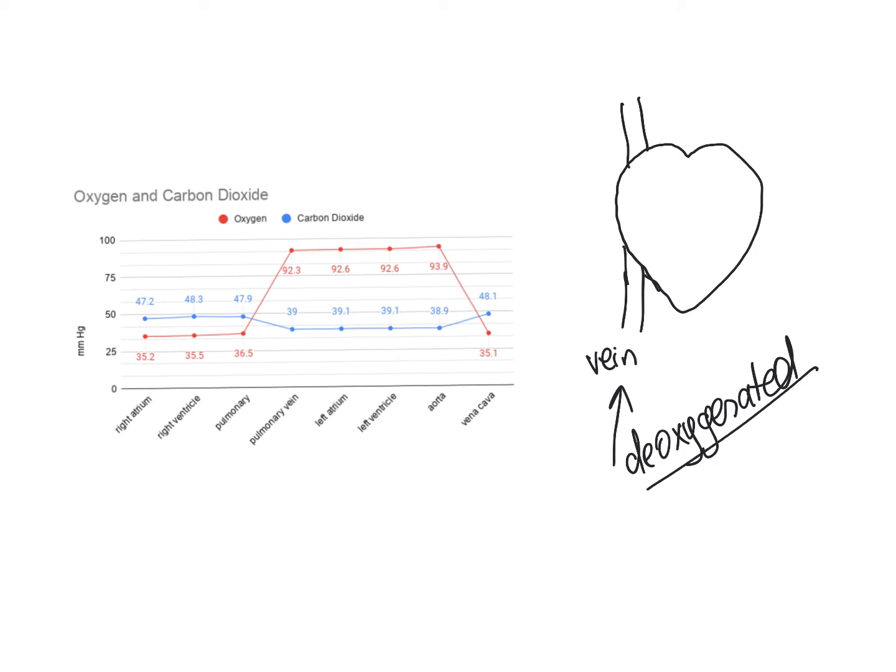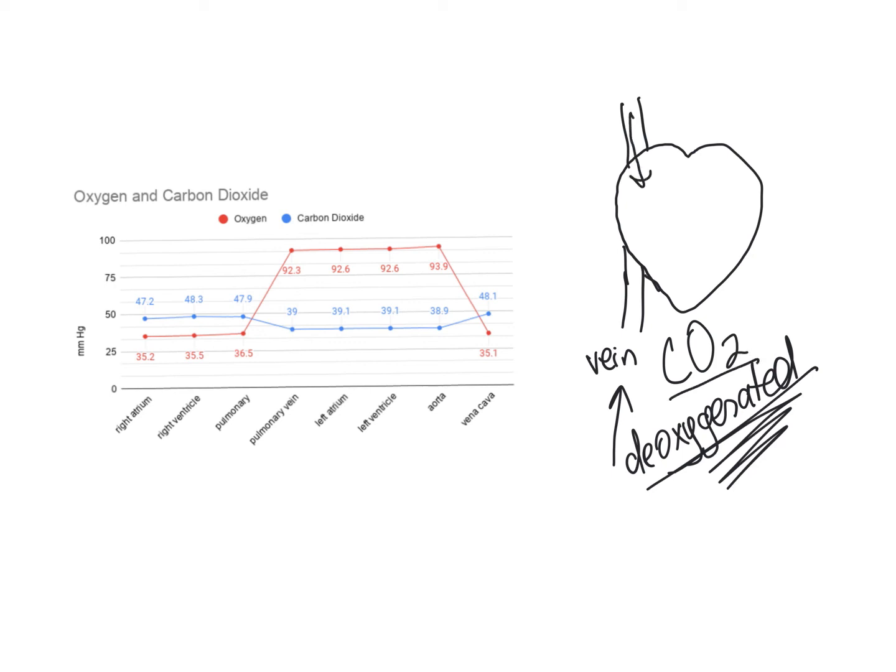No. So some of these terms are used to make things simpler, and they're used mostly at the high school level, but you have to understand that your blood never has 0 oxygen. It's just deoxygenated because it has less oxygen at this level than it has at this level. And so veins are carrying deoxygenated blood, and they're also carrying blood that is loaded with CO2.